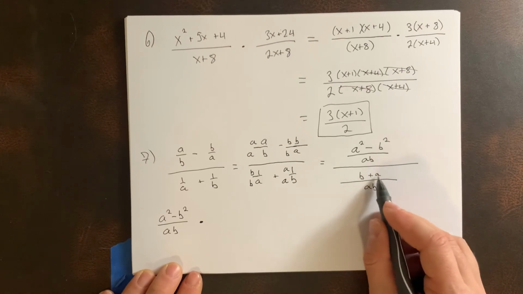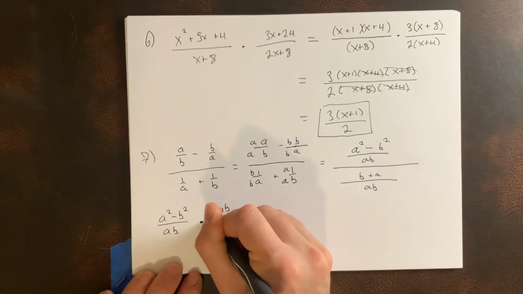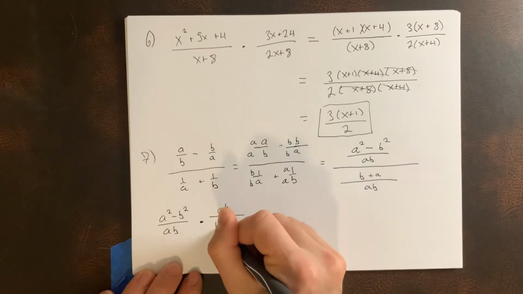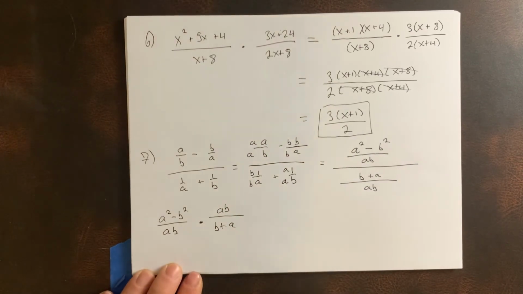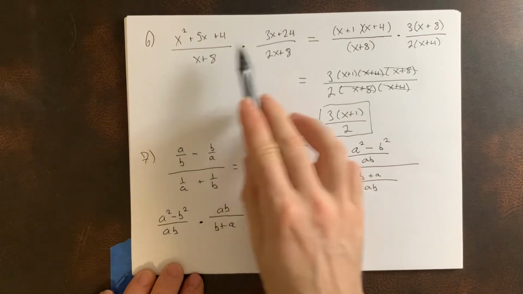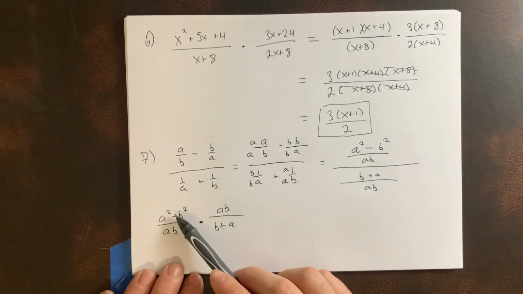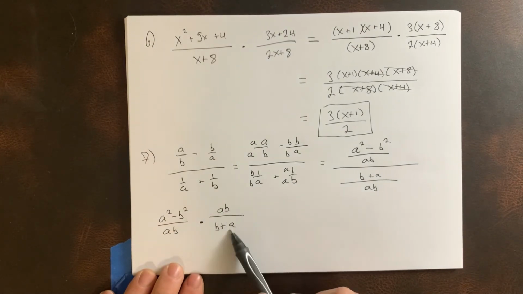So instead of having b plus a over ab, we'll have ab over b plus a. But now this is the same exact problem that we did previously. We have a fraction times a fraction. And whenever we do this now, we want to see, can we factor this, can we factor that, or can we factor this, or can we factor this?